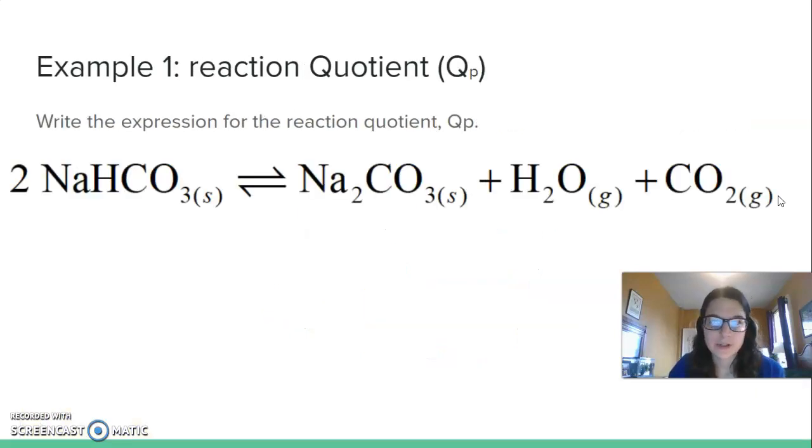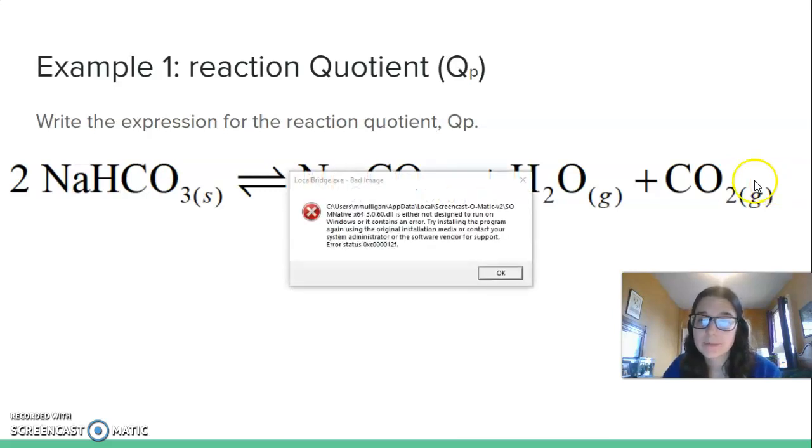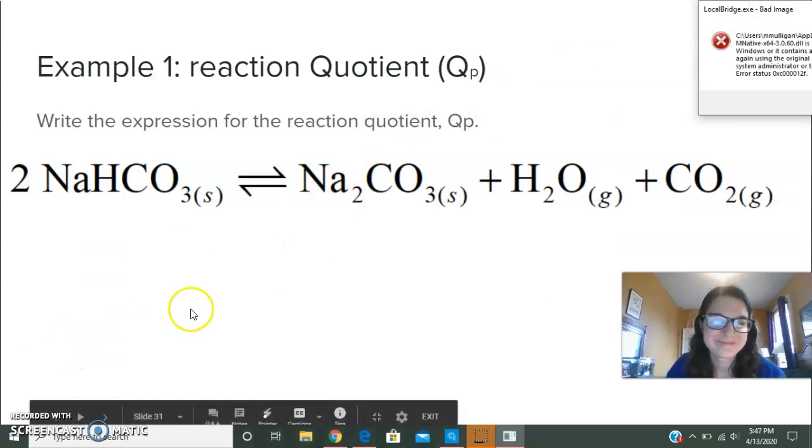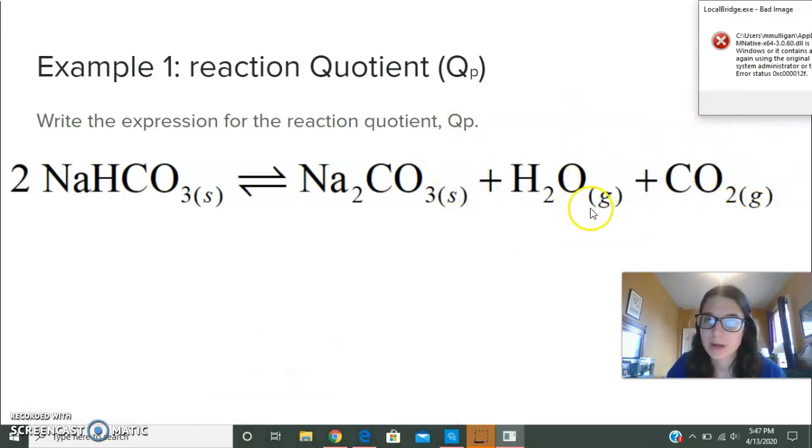So if we have this reaction, maybe we're finding the Qp for the very beginning of the reaction. To set up our skeletal equation, or what our expression would look like, we have 2 solids here. So we are only going to be focusing on our 2 gaseous products.